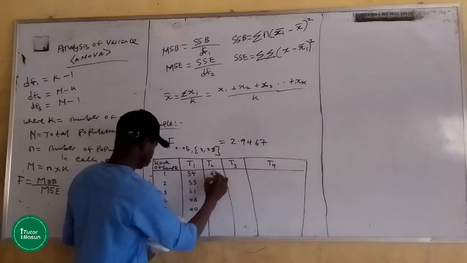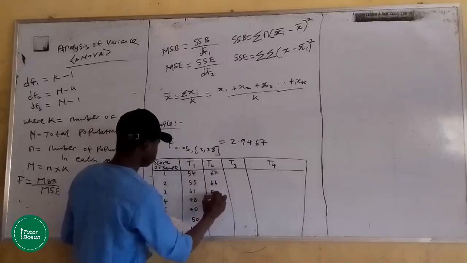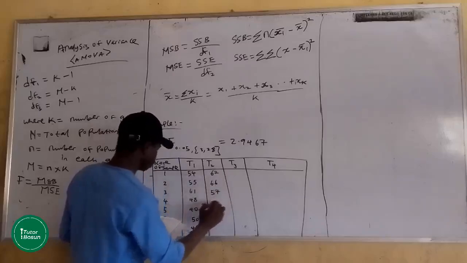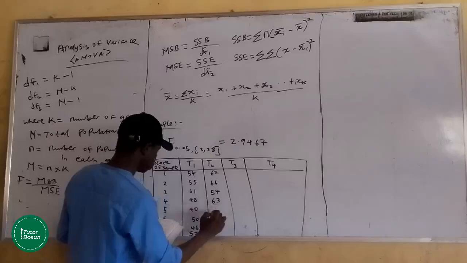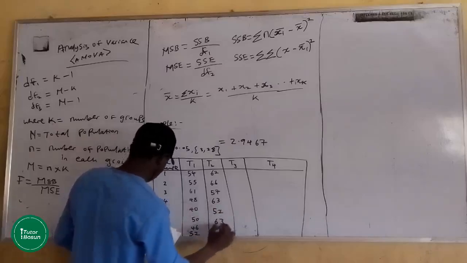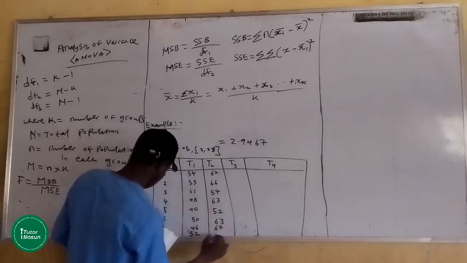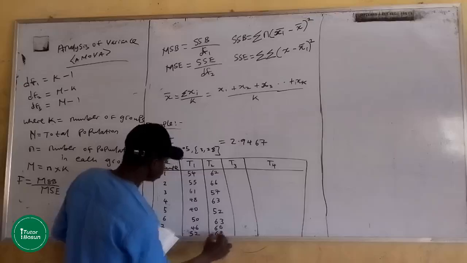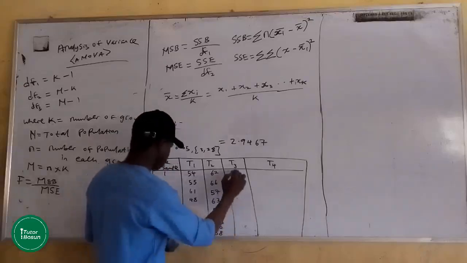Here is 62, 66, 67, 63, 52, 63, 66, and 68.